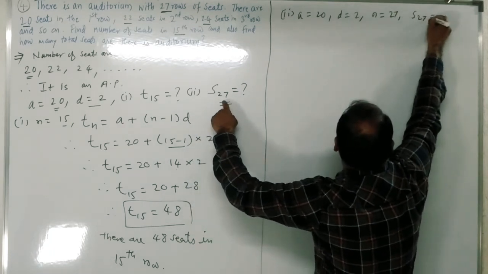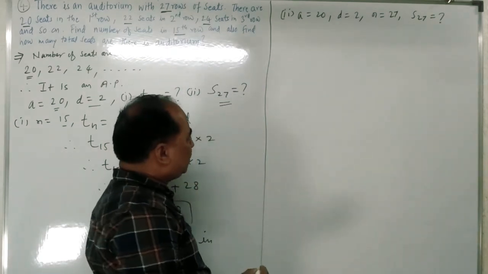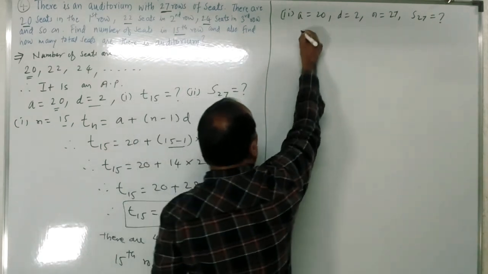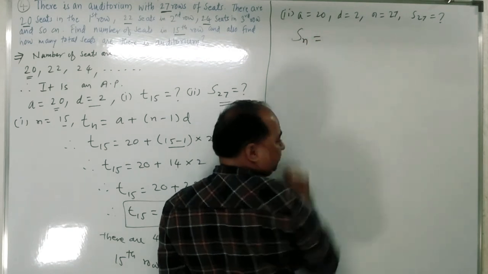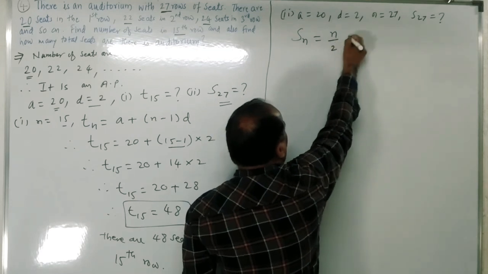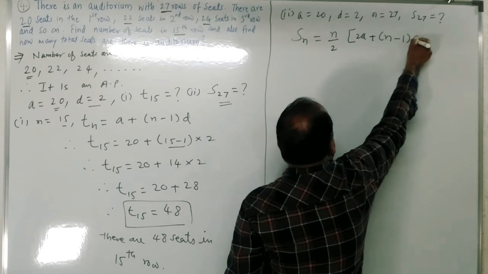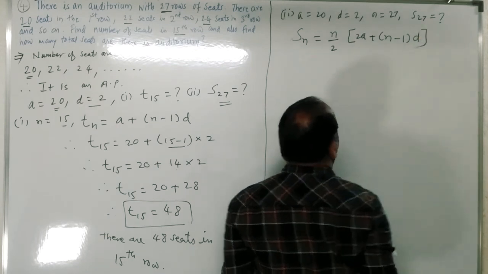You have to find S27. So for finding the total number of seats, we have the formula for an AP: Sn, sum of total number of seats, is equal to n upon 2 bracket 2a plus n minus 1 into d.